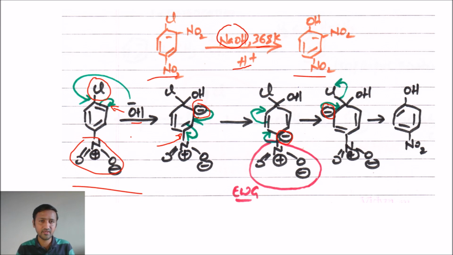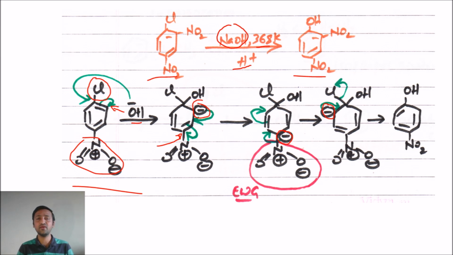And if you get a more stable carbanion, it means what? The reactivity is more, right? The stability of the carbanion will increase the reactivity of haloarenes towards nucleophilic substitution reaction. So what happens now? Electron withdrawing groups in ortho and para positions will stabilize the carbanion obtained, and if the carbanion is more stable, it should have more reactivity.